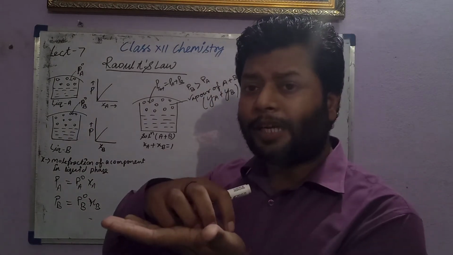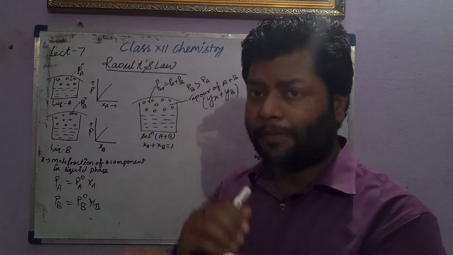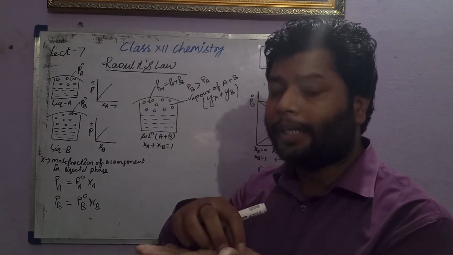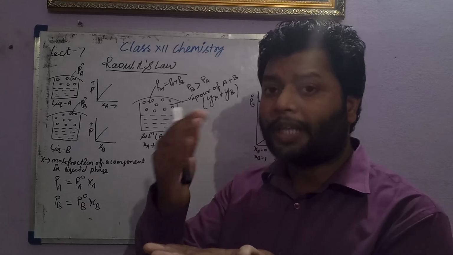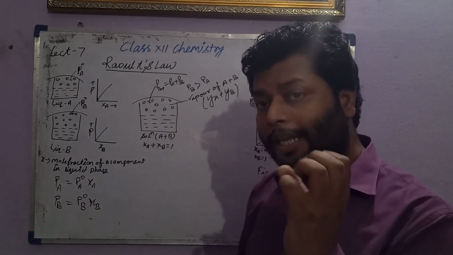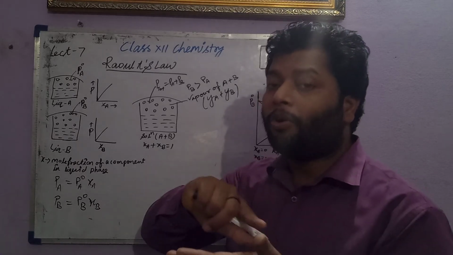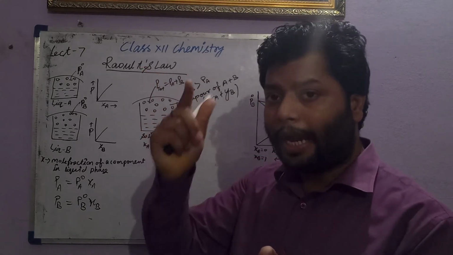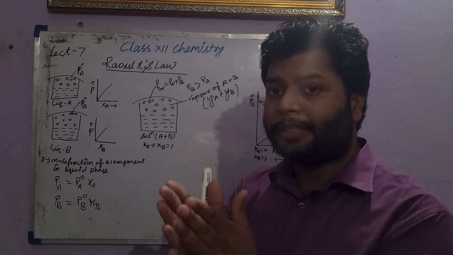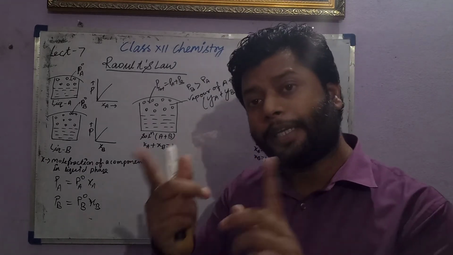Actually, the particles of the liquid participate in the process of evaporation. So if there is a large number of particles of a component, there will be more evaporation, and that's why the partial pressure exerted by the component will also be greater.